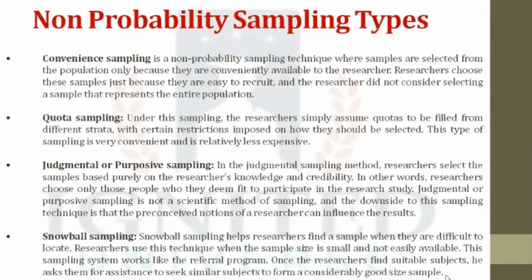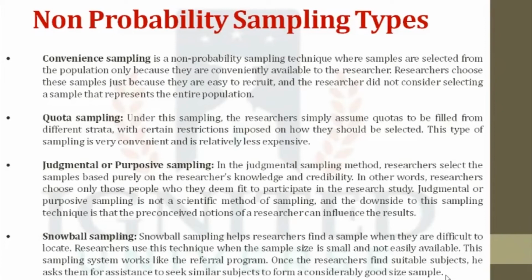So, in this, once the researcher finds suitable objects, he or she may then ask them for assistance to seek similar objects to form a considerably good sample size. So, snowball sampling helps researchers find a sample when they are difficult to locate.